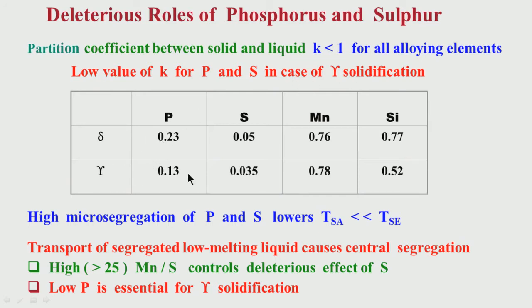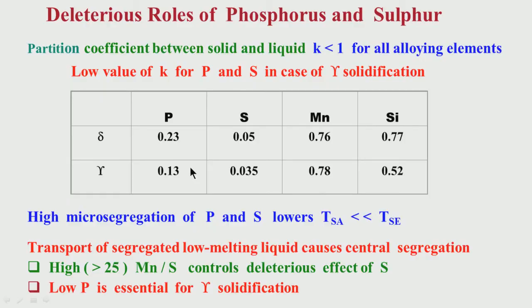For phosphorus, as I have mentioned, the small k value is quite low, 0.23 for delta and 0.13 for gamma. That means for gamma solidification, when the carbon or carbon equivalent is relatively high, the solidification will be through the austenitic mode. In that case, the segregation effect is relatively more compared to segregation when solidification takes place through delta ferrite.